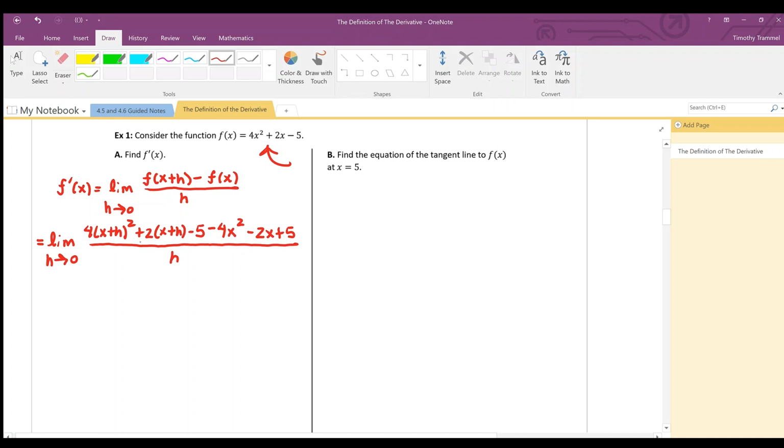Now, if we try to use direct substitution right now, you can see that the denominator is going to be 0, so it doesn't quite work out for us. We're going to need to distribute and see if we can cancel this h down here. We want to get rid of that. Limit as h goes to 0. And we can go ahead and distribute here.